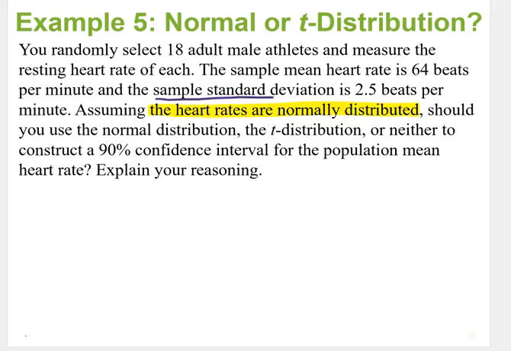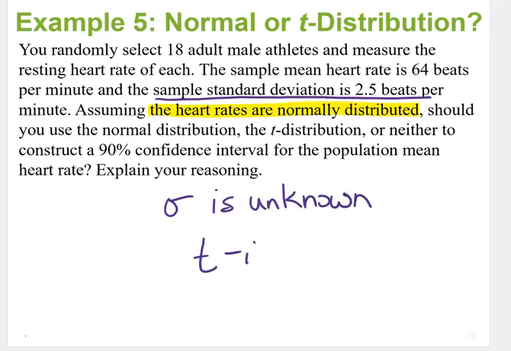Notice here it gives us the sample standard deviation. So sigma is unknown. And because sigma is unknown, that means we have to use the T distribution. So it's all about making sure that you are reading through the problem and picking out the correct information that you need. So hopefully that helps you out.